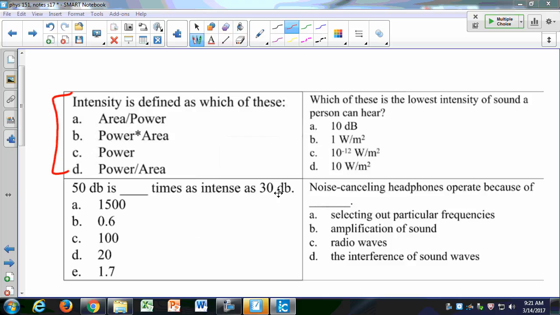And now, how about this one, the one on the left? 50 decibels is how many times as intense as 30 decibels? All right, we'll stop at 30.